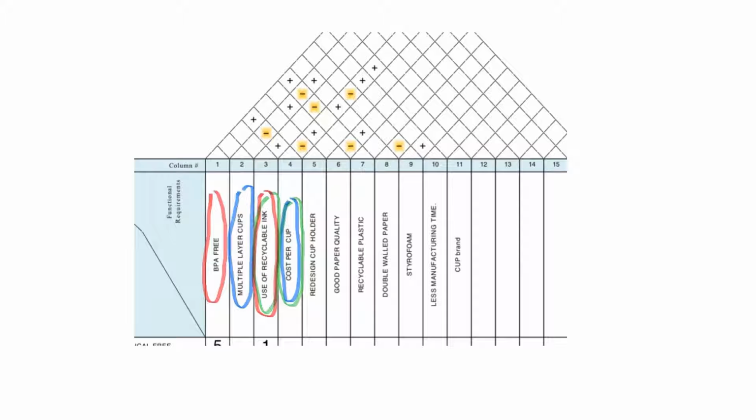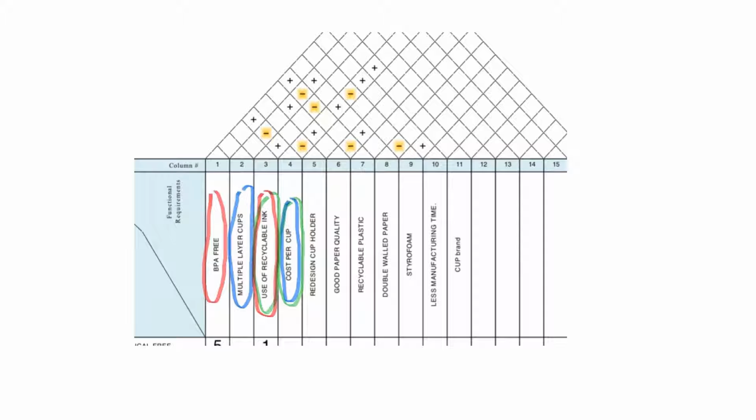So basically all of these things are compared with each other, and that analysis has been done. If we go further in the table, we can see that the cost per cup is also positively correlated with good paper quality, because good paper quality will increase the cost of the cup, and moreover, good paper quality has a negative impact on recyclable plastic.